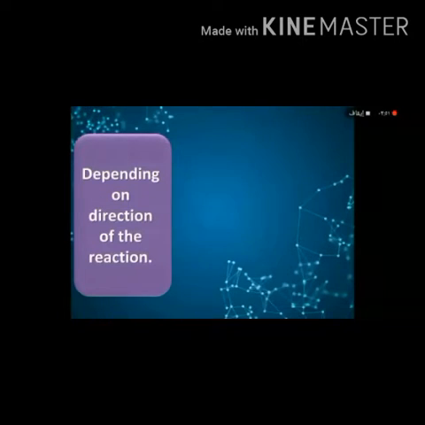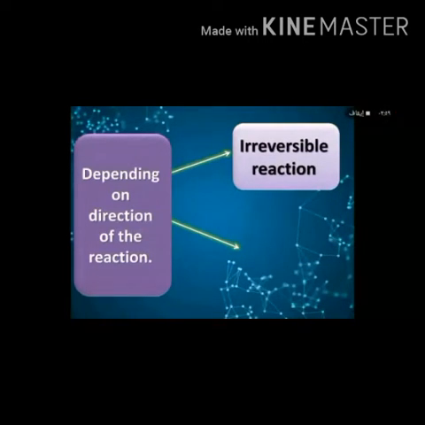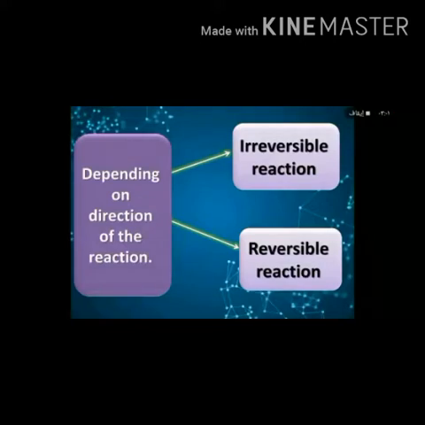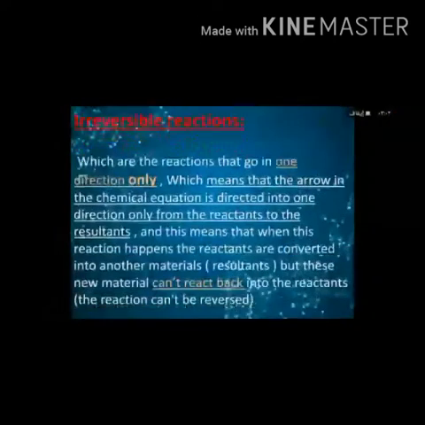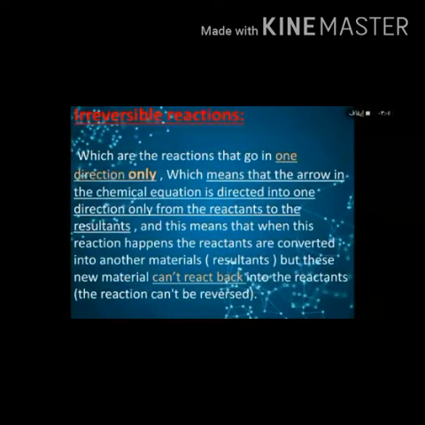Now let's go to the reactions depending on direction of reaction, and it's divided into two types: irreversible reactions and reversible reactions. The irreversible reactions are the reactions that go in one direction only, which means that the arrow in the chemical equation is directed into one direction only, from the reactants to the resultants.